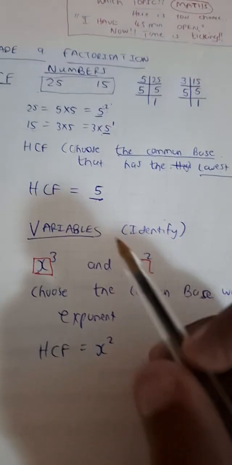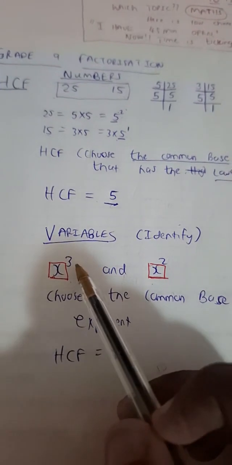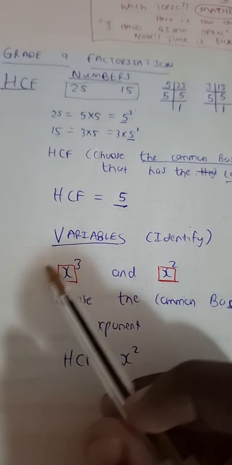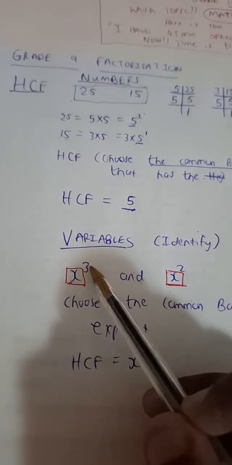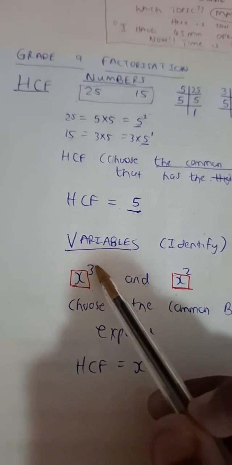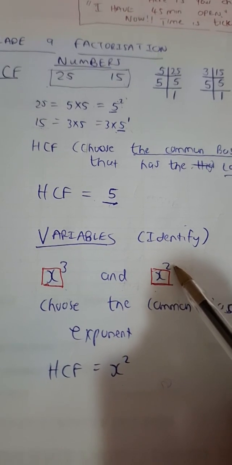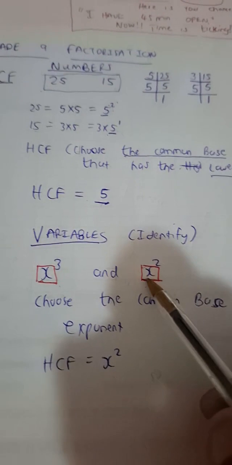Variables are simply the letters of the alphabet for a particular expression. So for instance, x cubed, this is an expression. It has a letter of the alphabet, and then you can see there's an exponent there. This is also a variable, all right, and it represents something that we do not know as of yet.